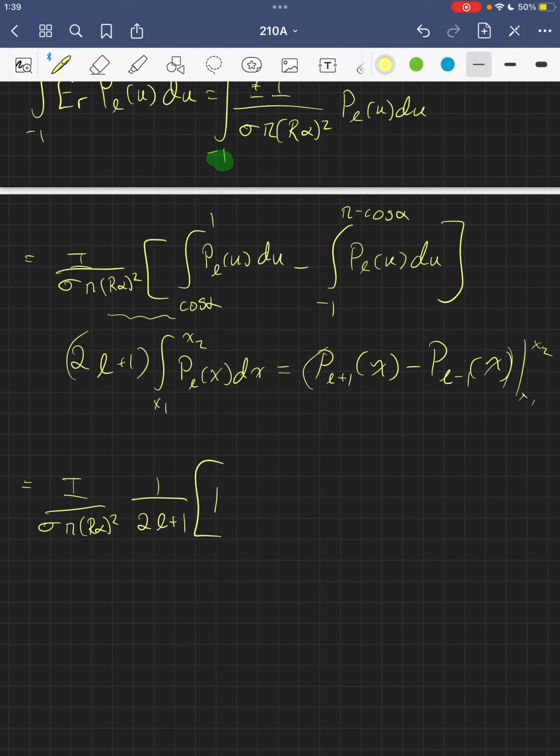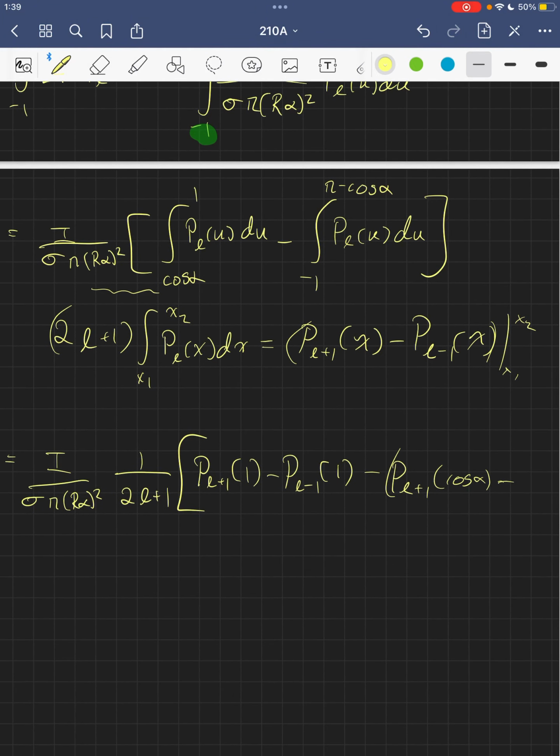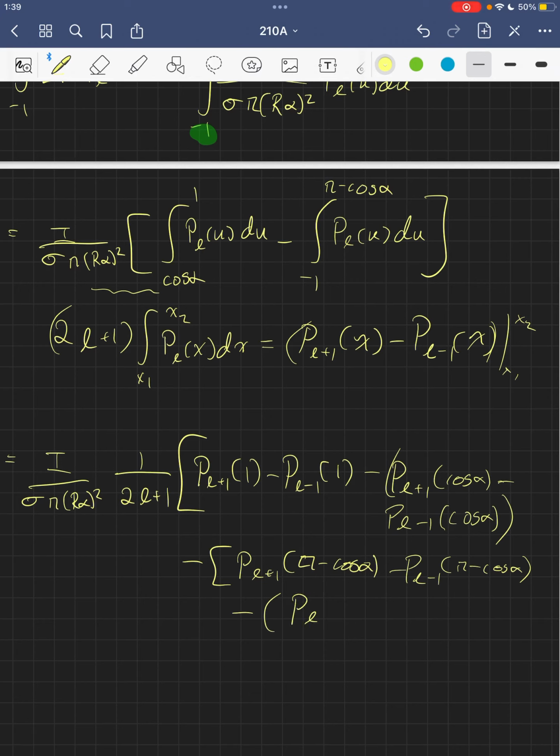So then we're going to have PL plus 1 of 1 minus PL minus 1 of 1, minus PL plus 1 of cosine alpha, and really this is a quantity, minus PL minus 1 of cosine alpha, minus PL plus 1 of negative cosine alpha minus PL minus 1 of negative cosine alpha. So there's a lot of writing right now, but we're getting there.